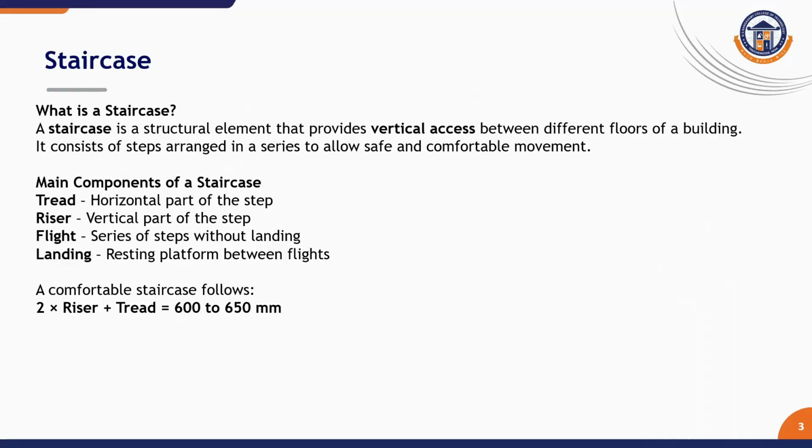The main components include tread, which is the horizontal part of the step; riser, the vertical part of the step; flight, a series of steps without a landing; and landing, a resting platform between flights for comfort. The relationship 2 into riser plus tread equal to 600 to 650 mm should be maintained.